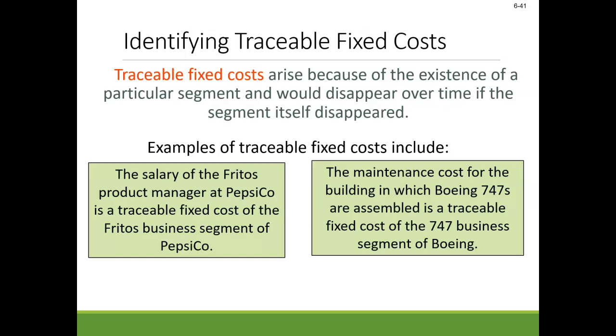The maintenance costs for the building in which the 747s are assembled can be a traceable fixed cost just for the 747 segment. So depending on what segment we're wanting to look at, we need to separate those costs specifically associated with that segment.